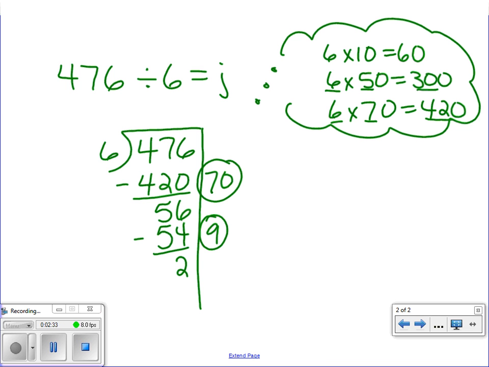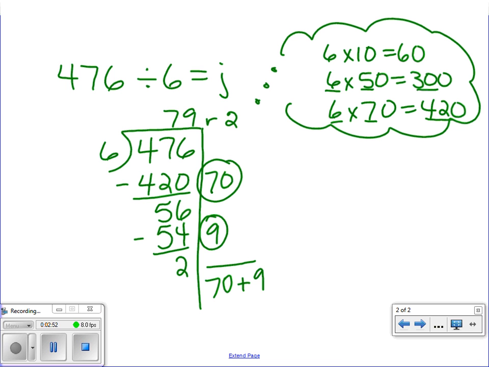2 jelly beans. So first I took out 70 groups of jelly beans, and then I took out 9 more groups of jelly beans for a total of 79 groups of jelly beans. And I have 2 jelly beans left over, which I would just eat myself.